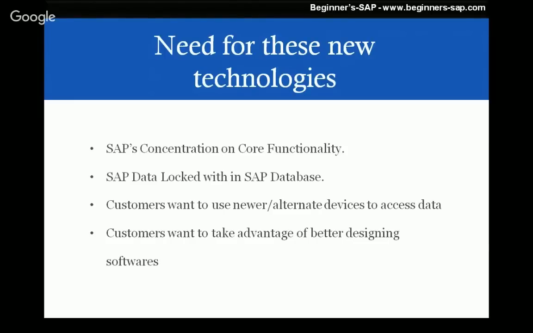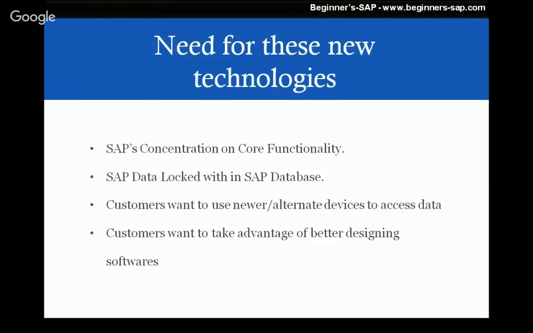From a browser, if I want to just type www.amazon.com or google.com, right? Similarly, I cannot just type any website and pull out SAP's page. So that's why SAP has brought out this new technology where we can pull out SAP's data and show it on a regular web page without even using any of SAP's development tools.